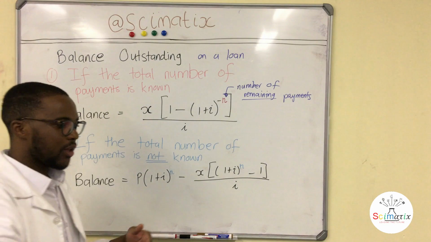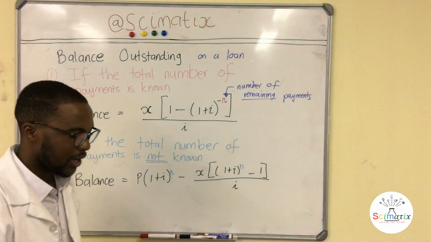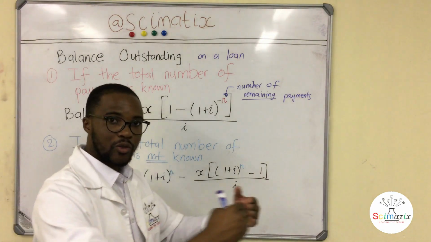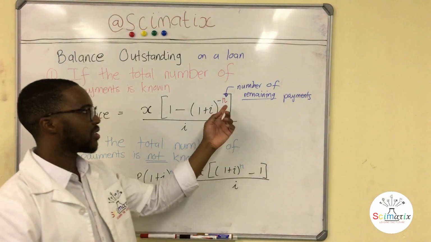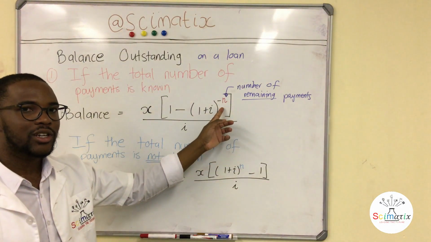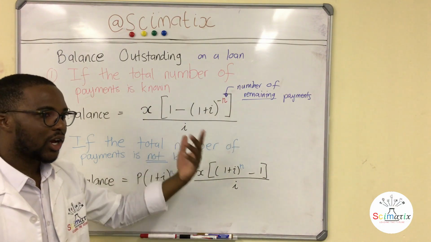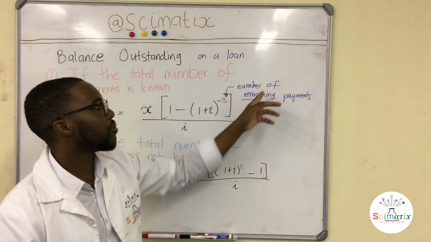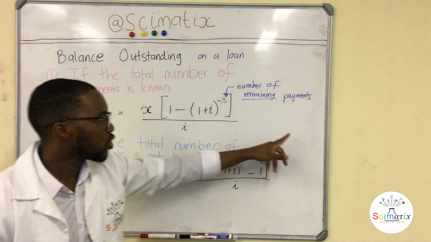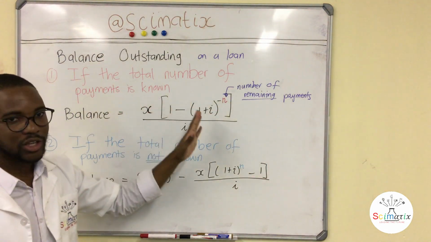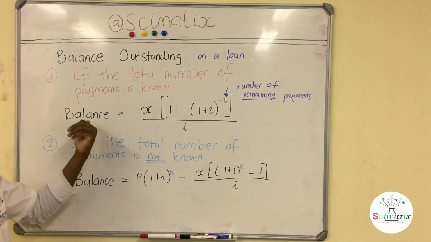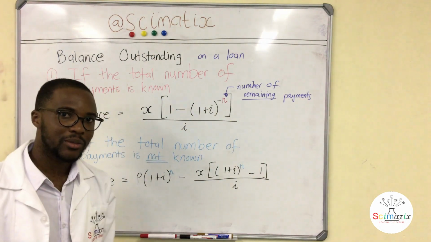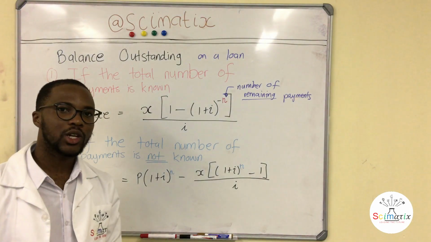So we just take the total number of payments that is required on the loan minus the total number of payments we've made, and that will give us this n over here. So n is used a lot for different values. In this case, it just represents the number of remaining payments. Using all the values that you're given, nothing has changed, then you get the balance of a loan, if you know exactly the total number of payments required for that loan.